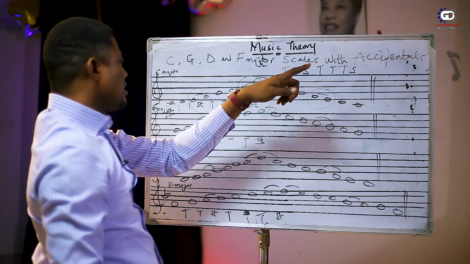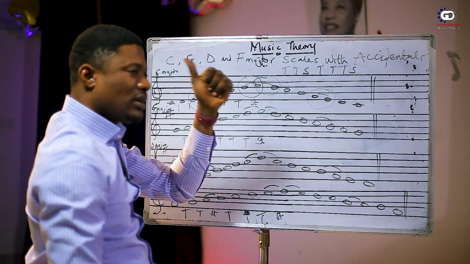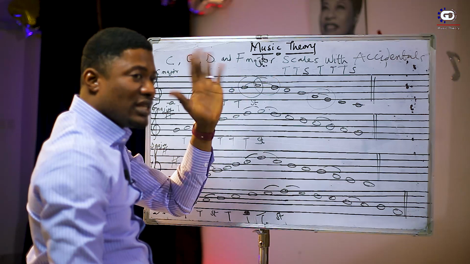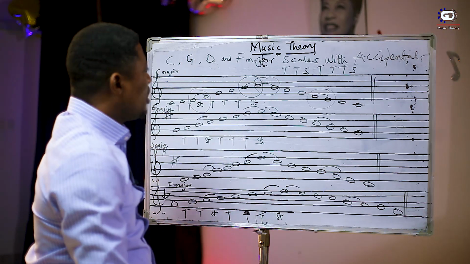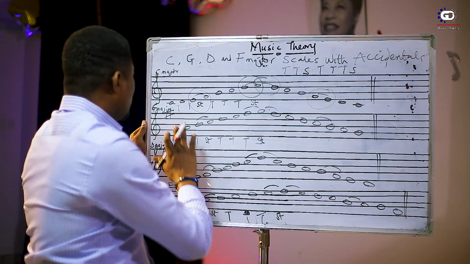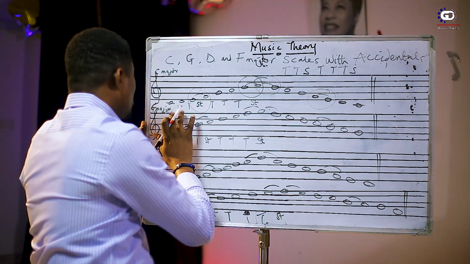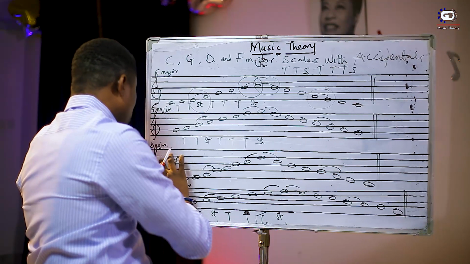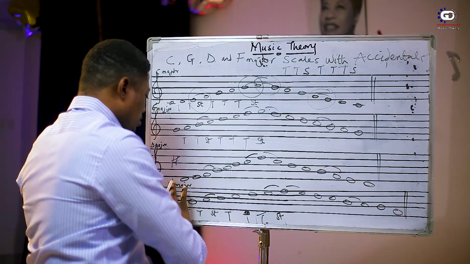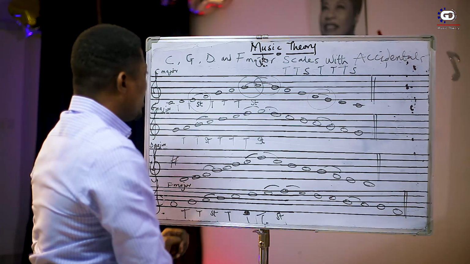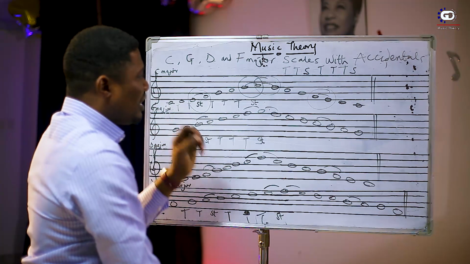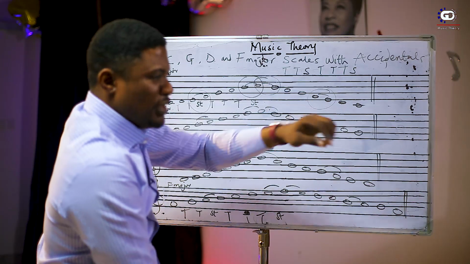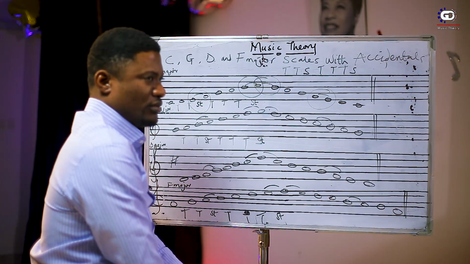Don't forget the word accidental came where we learned about our sharp, flat, and natural at the beginning, right? Now, when you mention accidental, it means no sharp or flat at the beginning of your scale, but rather the sharp or flat will be in between the scale.